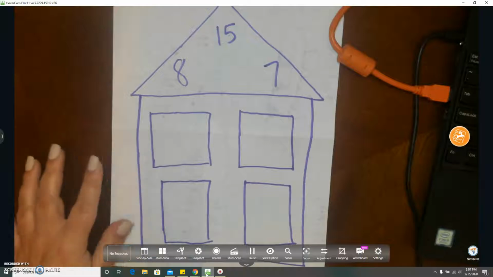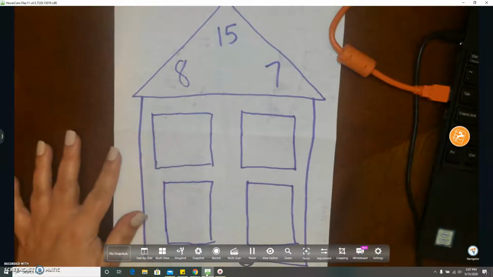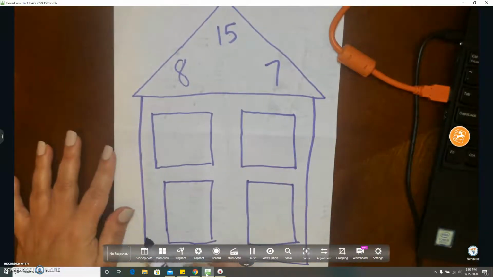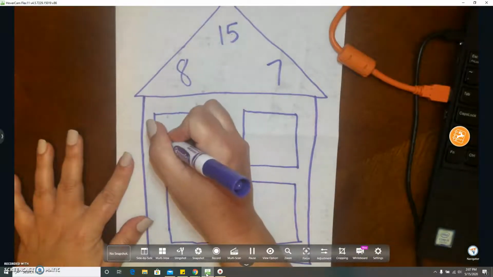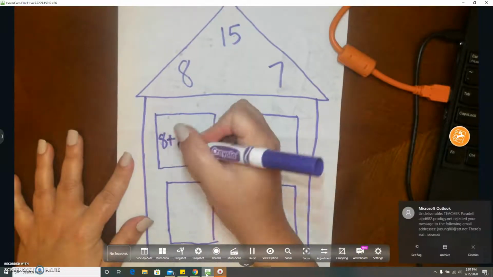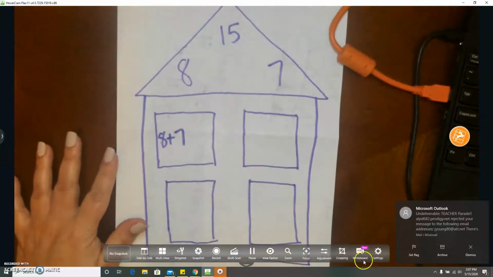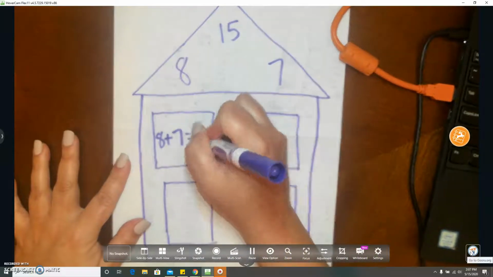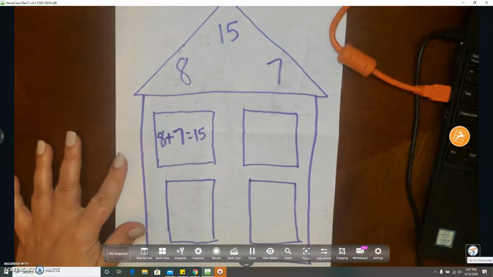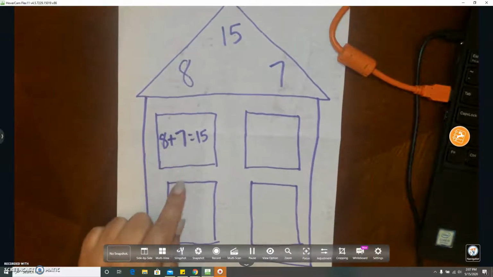Okay, so the first thing I'm going to do is an addition problem right here, and I'm going to use the smaller numbers when we're doing a fact family with the addition problems. So I'm going to do 8 plus 7 equals 15. 8 plus 7 equals 15.